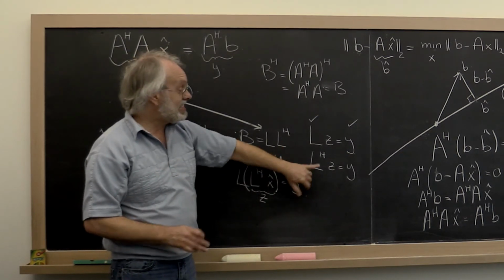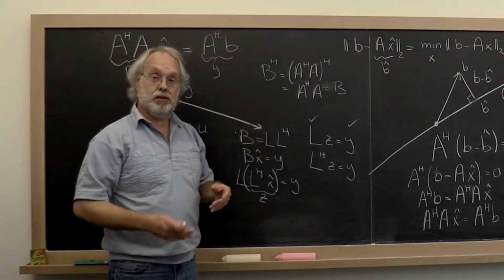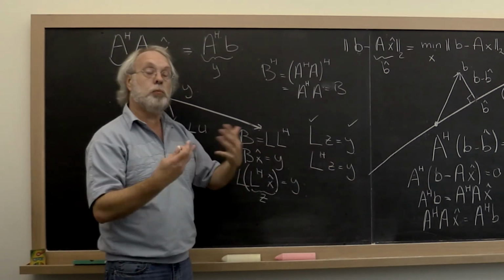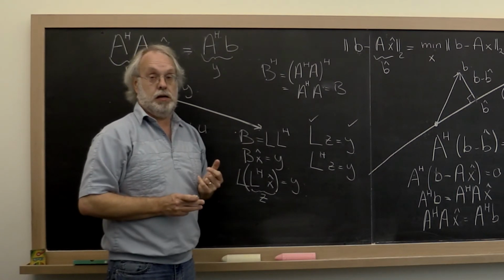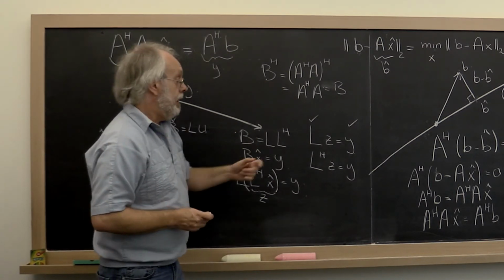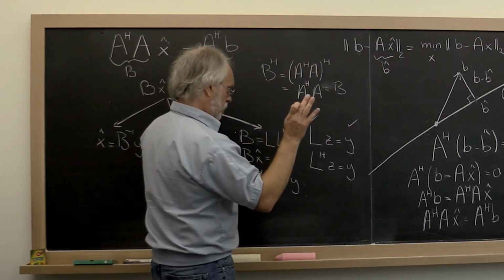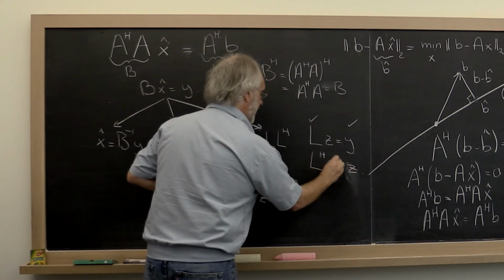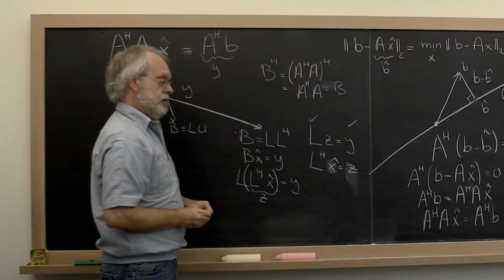Now, you wouldn't want to explicitly transpose L, because that would require a lot of data movement, but you want to compute as if it is an upper triangular matrix. And what that means is, whoops, we don't want to do that. We want to put z here and we want to put x hat here because it came from here.